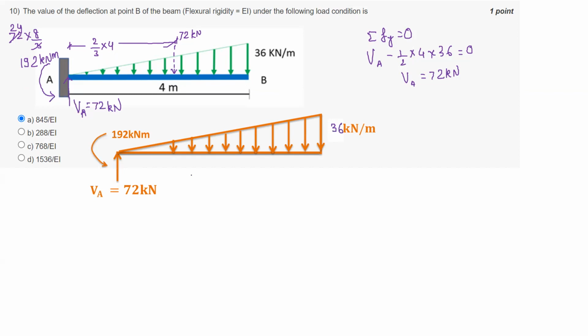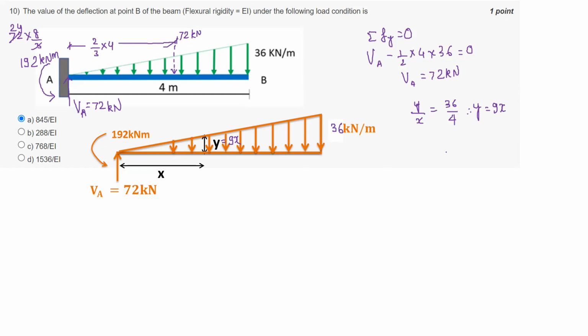And now we will consider x and y. How will we get this relation again? We have y by x equal to 36 upon 4, and from this we will get y is equal to 9x. So we have y equal to 9x.